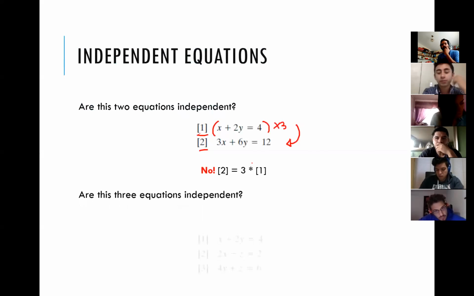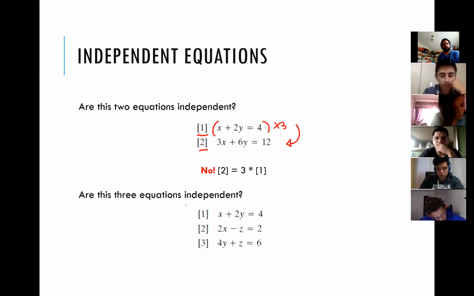So, for example, in this case, what do you think? Are these three independent or not independent? Try to work it out for a couple of seconds and we will see if they are independent or not.